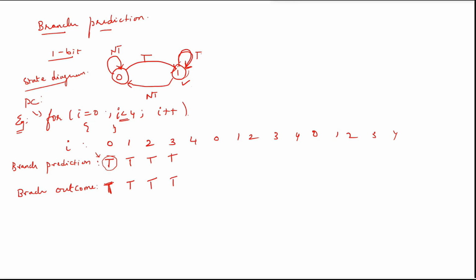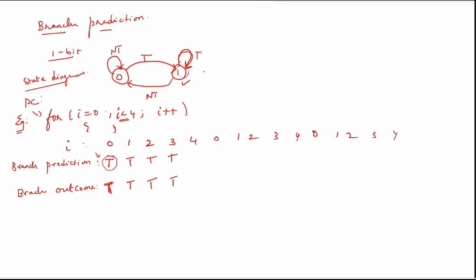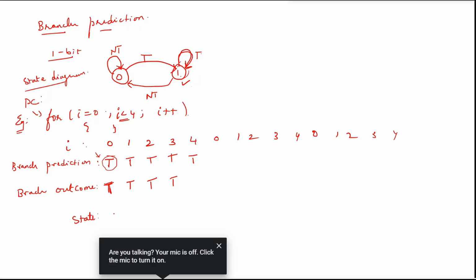Now when i is 4, according to the prediction, it is still in state 1. Since it is in state 1, the prediction is that the branch is going to be taken. Here we will write the state also, so it will be in state 1.